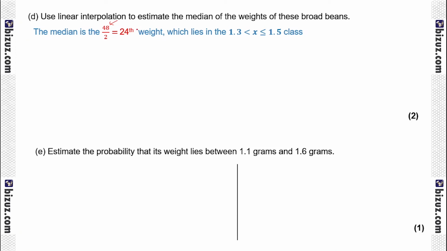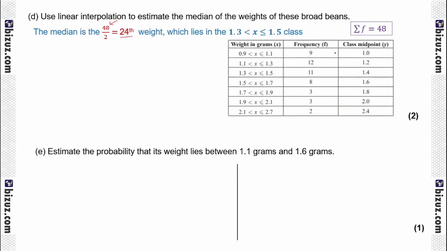So this is going to be your 24th weight, and here it's not discrete data, that's why you're not going to round up or anything. We just need to take this value as the position, which lies in the 1.32. Here I'll use this table as reference. Where does the 24th value lie? Between 0.9 and 1.1 we have 9 values, and if we go up to 1.3 we have 12 more.